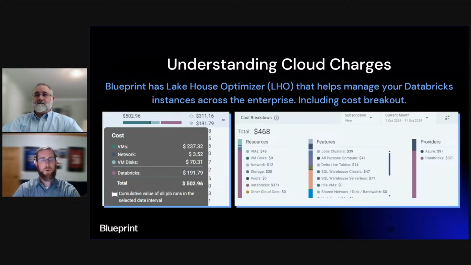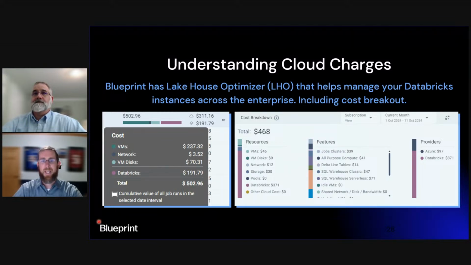All right. So Blueprint has a product that we have developed called the Lakehouse Optimizer, or as you'll hear us refer to it, LHO. LHO came about from us having multiple engagements where all the clients were asking the same questions, trying to find out the same answers.